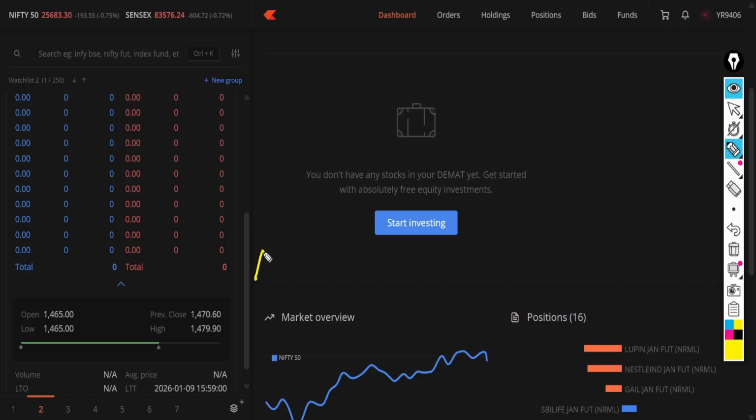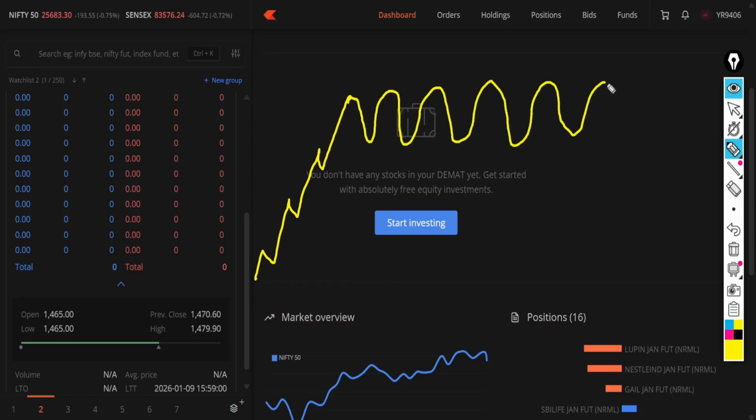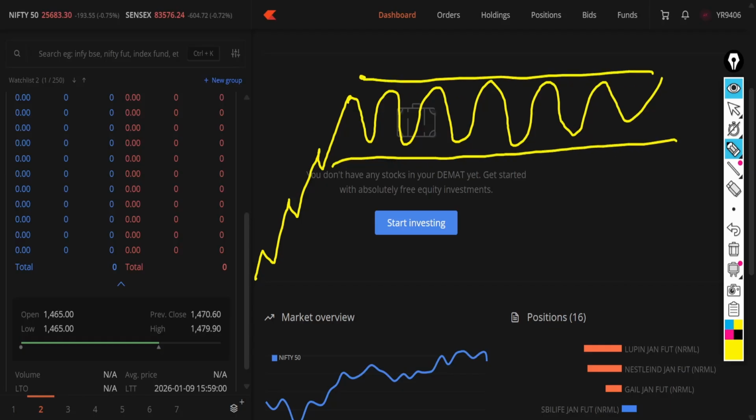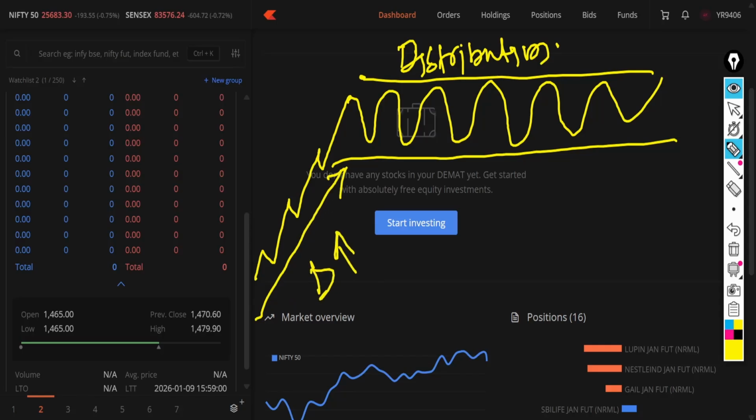Suppose price was going up previously and now the price is making a range. So this phase is basically called distribution. Until this level, the demand was high and supply was less.